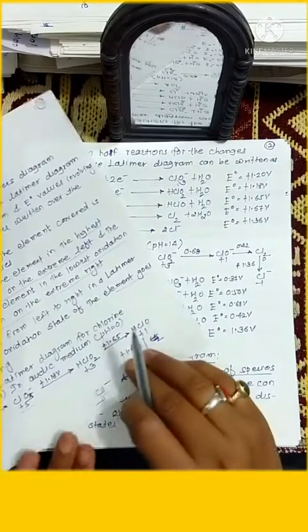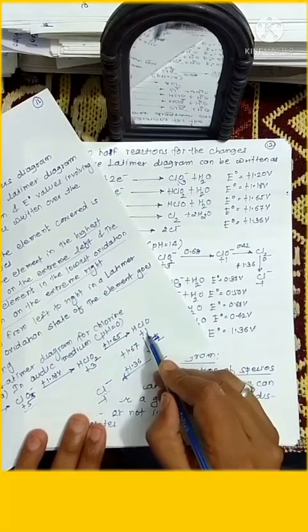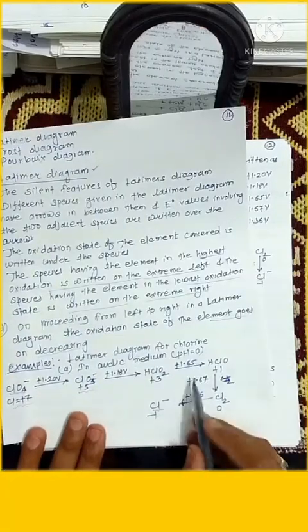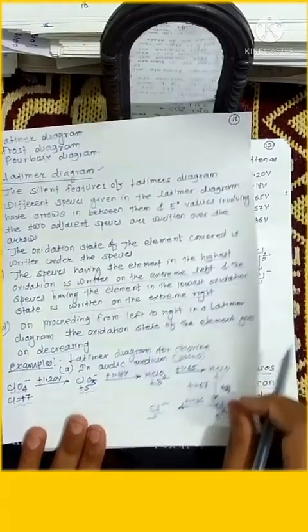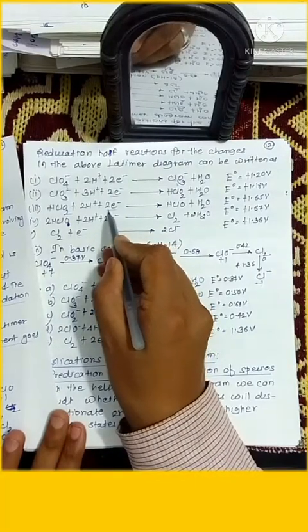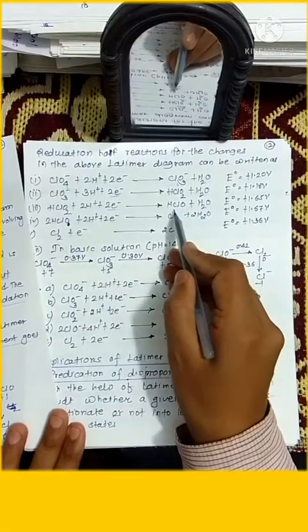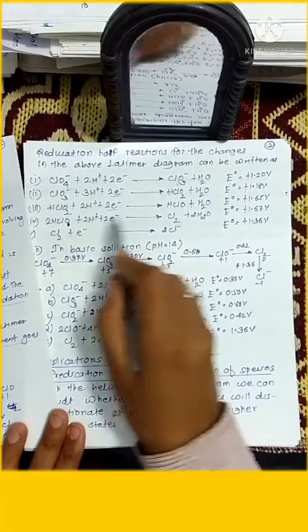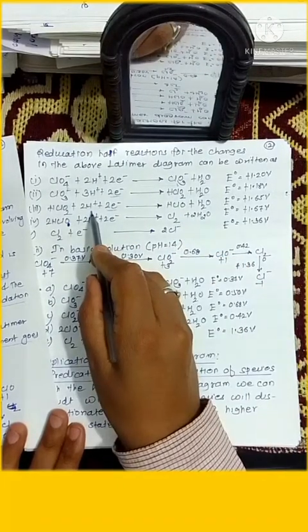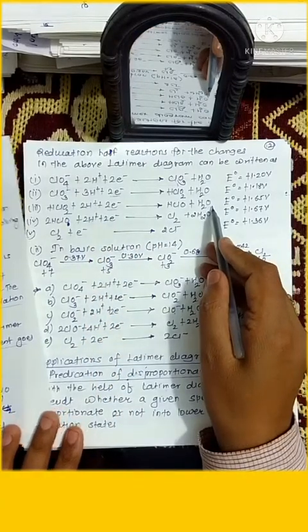From +3 to +1 again gain of 2 electrons is taking place. So in the next reaction also we write HClO2, 2 electrons give you HClO, and to balance the reaction we take the help of H plus and water molecule.